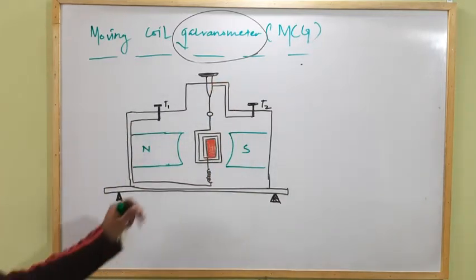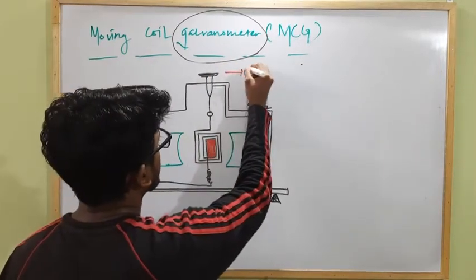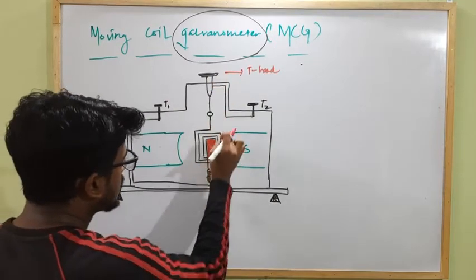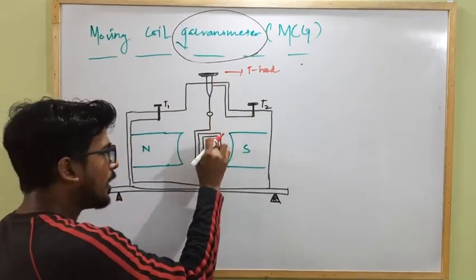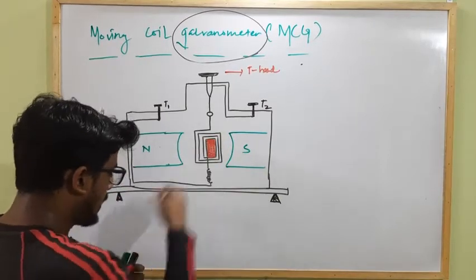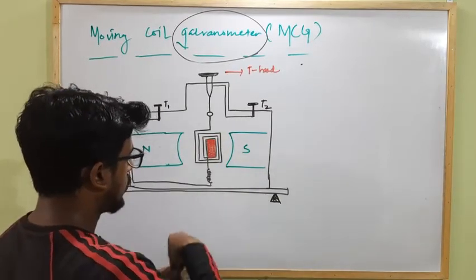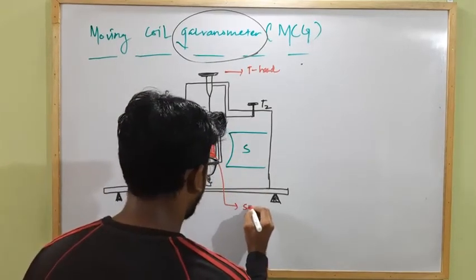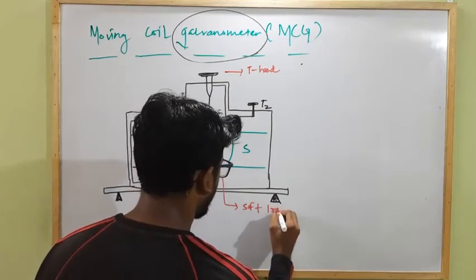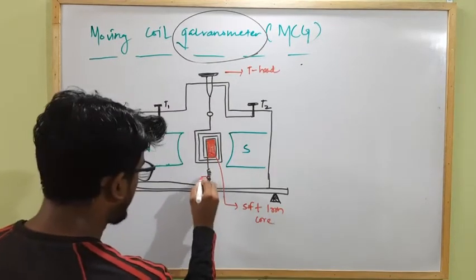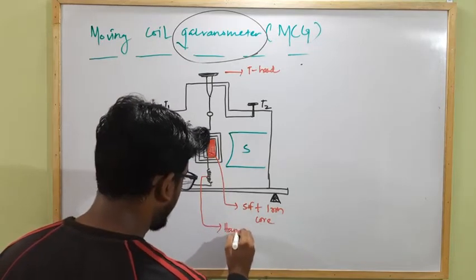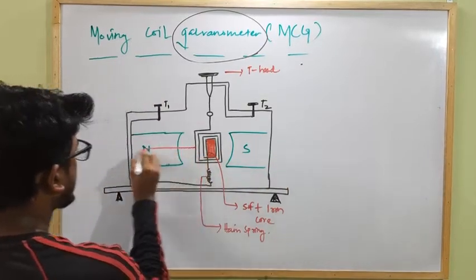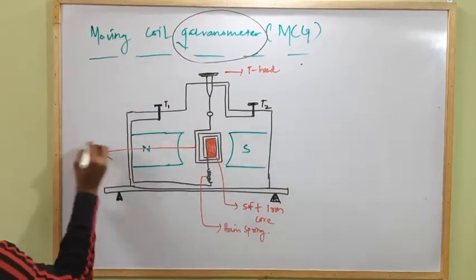This is known as the T head, from which hangs the rectangular coil, wrapped over a frame having a soft iron core. This red cylindrical portion is the soft iron core. This is known as the hair spring, and this is the rectangular coil.